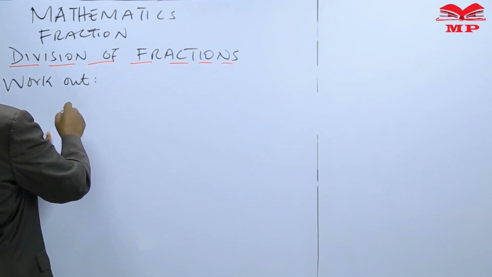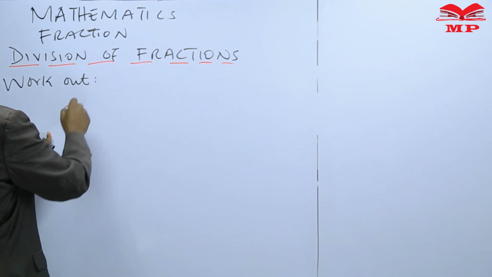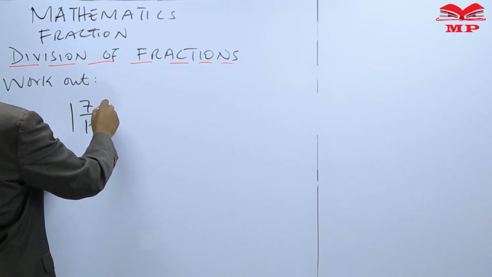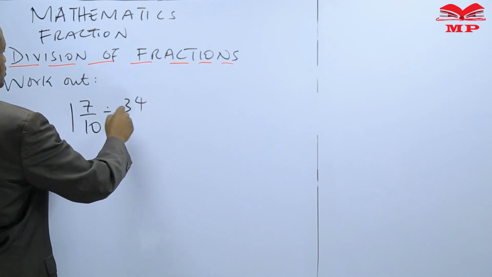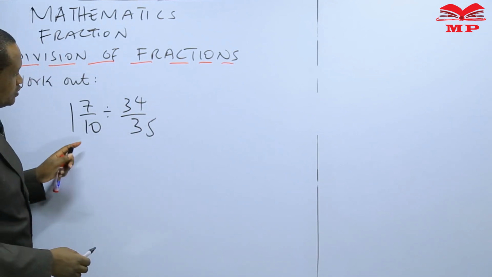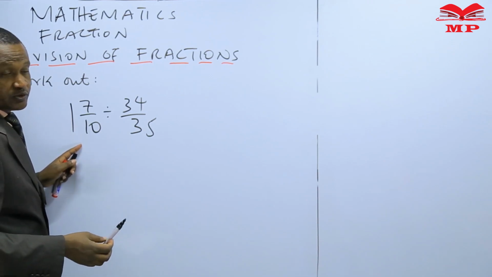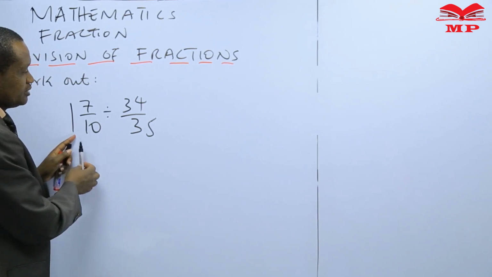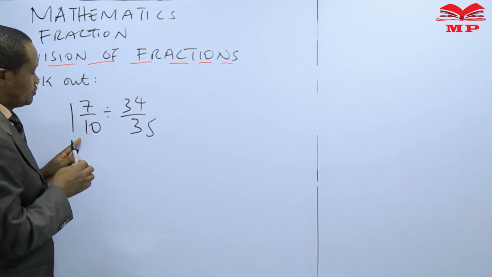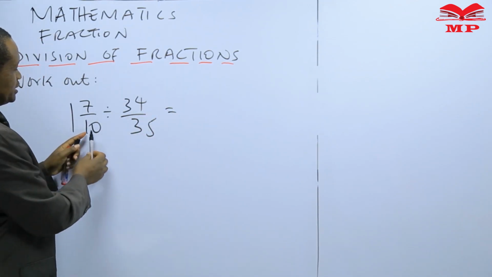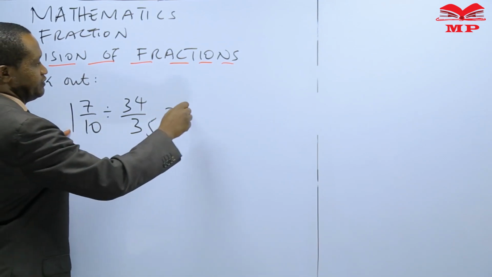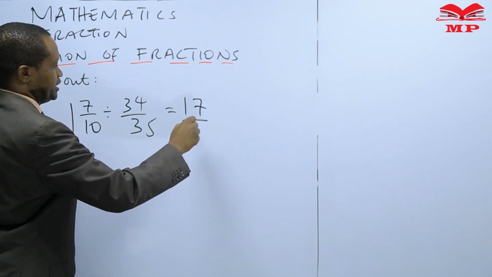This is now a bit complex. 1 7/10 divided by 34/35. Where you have a mixed number, convert the mixed number to improper fraction. This will be equal to 10 times 1, 10 plus 7, 17/10.